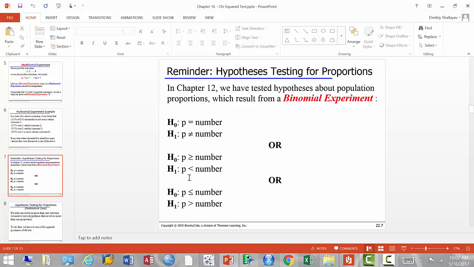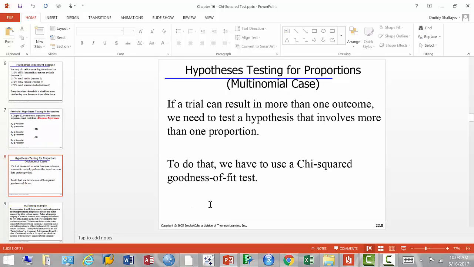The alternative was that, no, you're too optimistic, and the actual percentage is less than 0.9. That was our research statement, while the null would be 0.9 or more, which is consistent with what State Farm is saying. So one of these 3 forms we're testing only if we have 2 possible outcomes, in other words, a binomial experiment. Well, what if we have a multinomial experiment? How many proportions do we have?